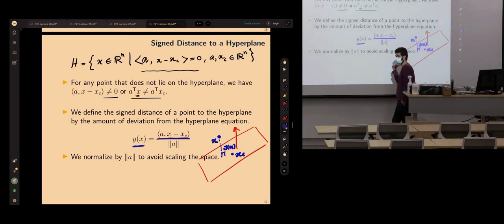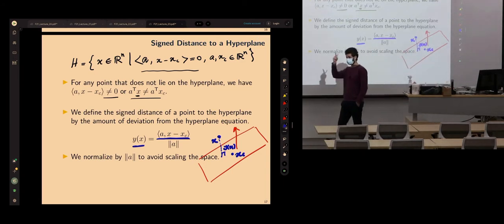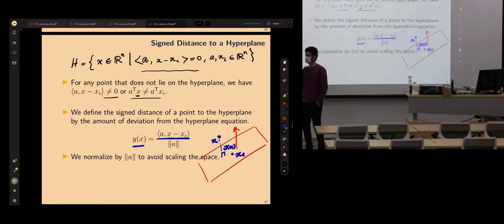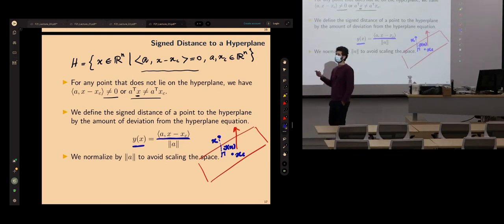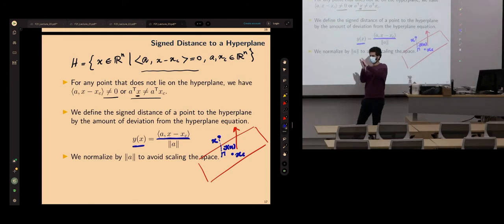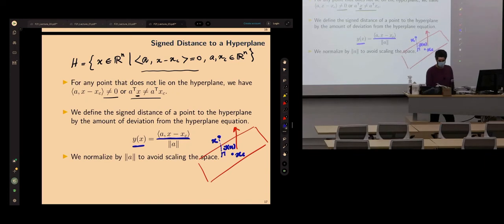If you're on the other side, because the normal vector is pointing to one particular direction, it will give you a negative of the same value. If it's completely mirrored, it will give you the negative of the same value. So this defines a signed distance using the hyperplane normal and an arbitrary point on the hyperplane. We picked xc again because we had it as part of the definition of our hyperplane.